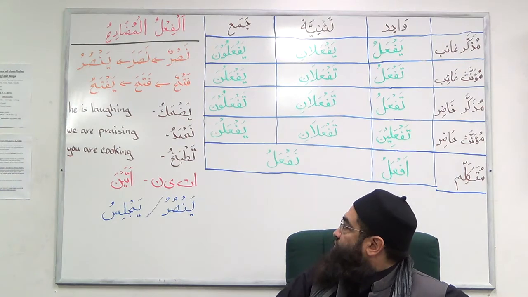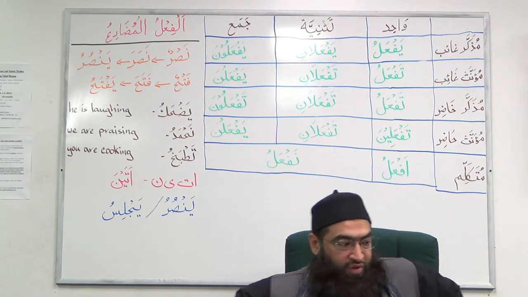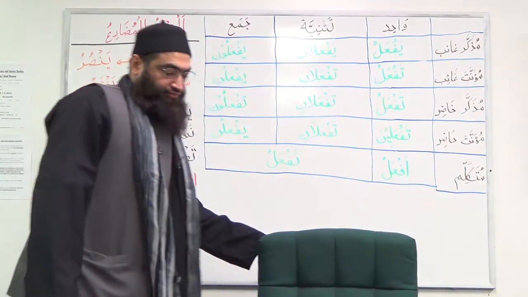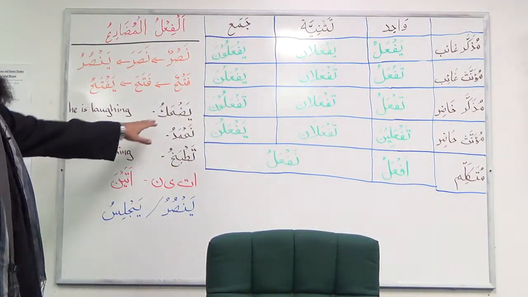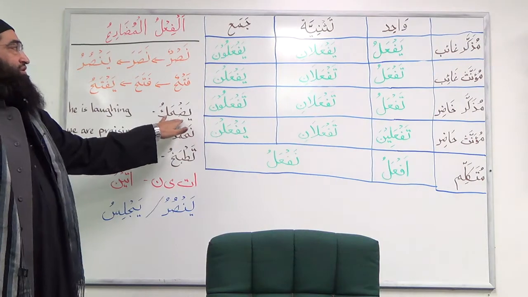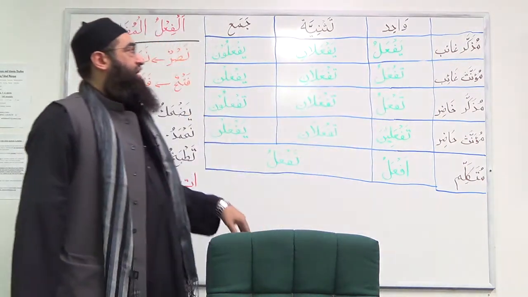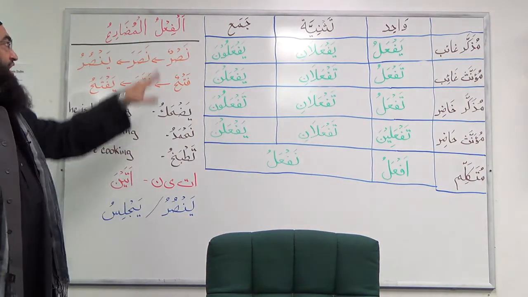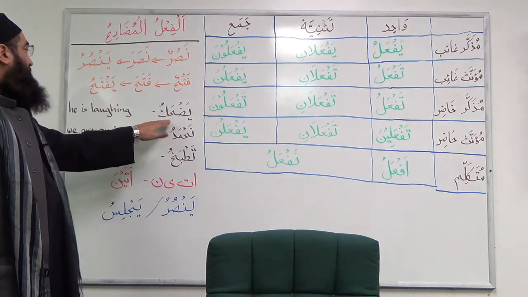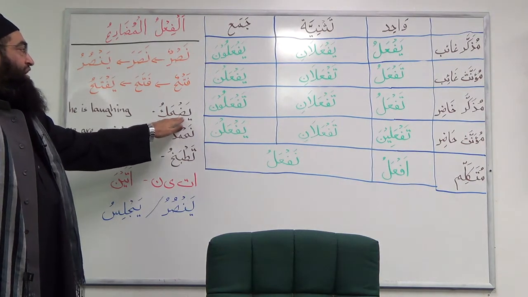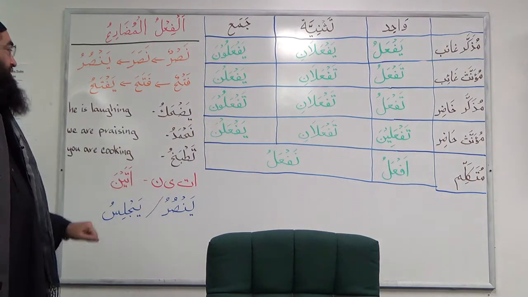Yadhaku. Let's mention these words a little bit. This is the first, wahid mudhakkar ghaib, of al-fi'l al-mudari'. Yadhaku, he is laughing, from the word dhik, the root letters dad, ha, and kaf.